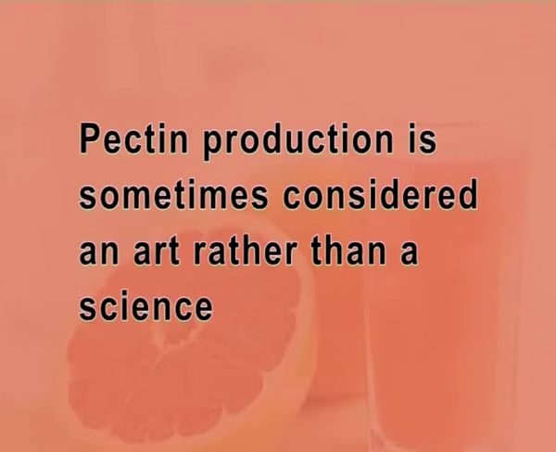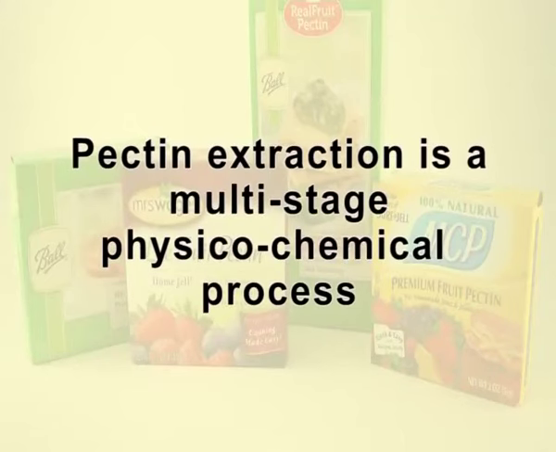Pectin production is sometimes considered an art rather than a science because a little variation in experimental parameters such as temperature, pH, time, etc. will vary the pectin characteristics such as molecular weight, degree of esterification, yield, etc. Pectin extraction is a multi-stage physicochemical process where pectin molecules are hydrolyzed and solubilized from the cell wall and middle lamella of the plant tissue.